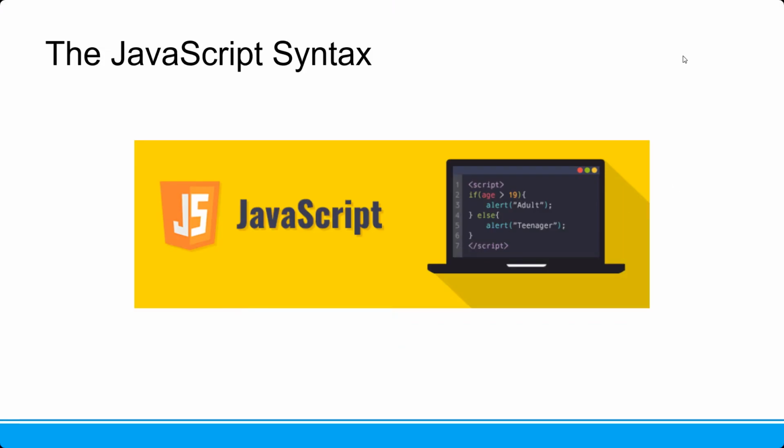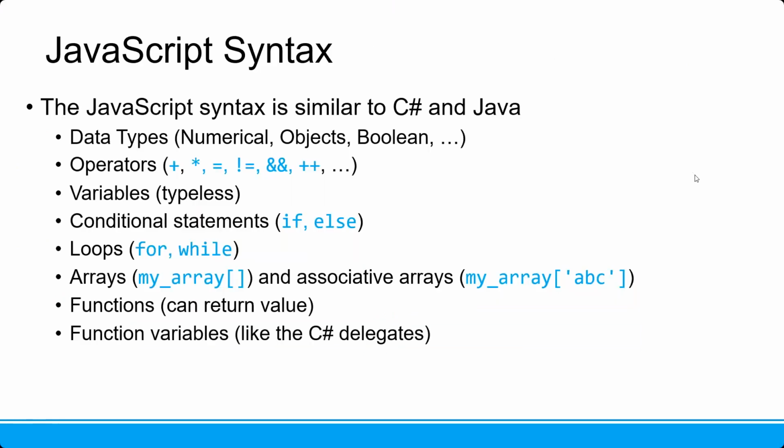Now we are going to learn more about the JavaScript syntax. The JavaScript syntax is similar to C# and Java. If you know C# or Java, it is easy to learn JavaScript. We will learn some of those syntax.